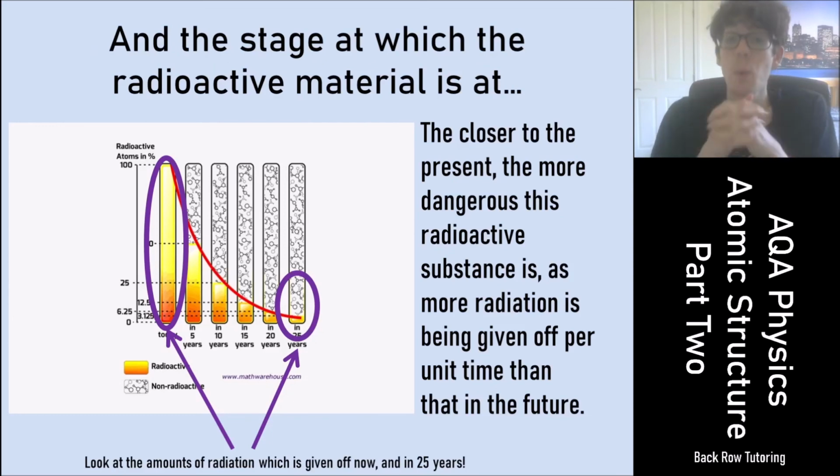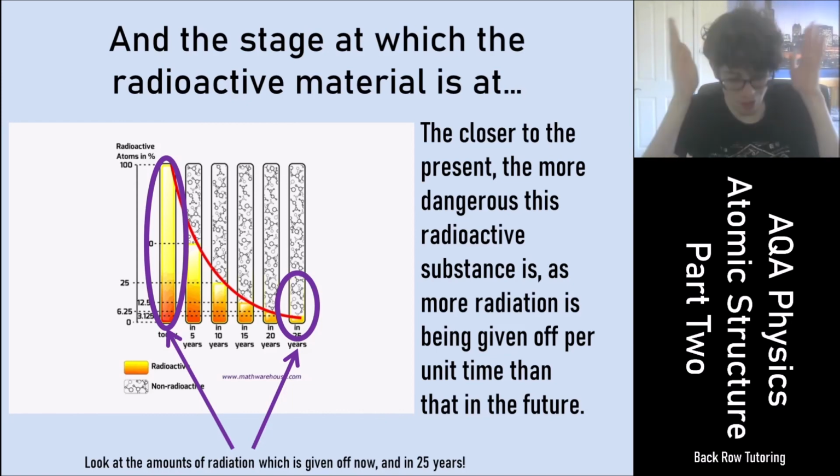And the stage at which the radioactive material is at, that also makes a difference. The closer to the present, the more dangerous the radioactive substance is, as more radiation is being given off per unit time than in the future.